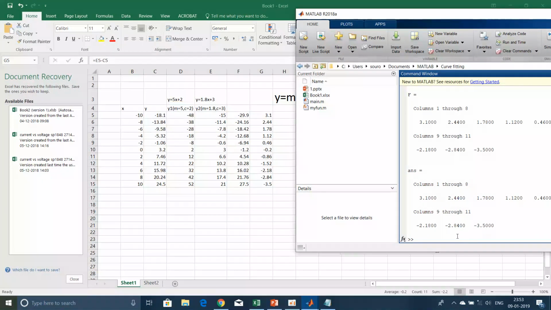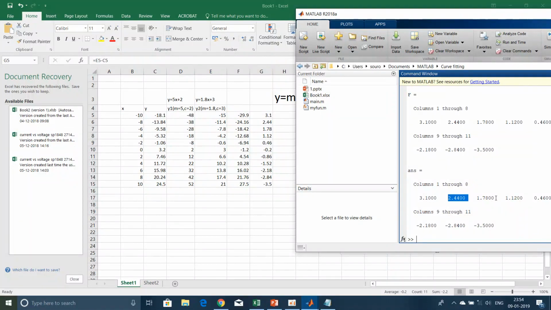So myFun is basically, if you put the value of m and the value of c into myFun, it would calculate the model predicted data, subtract it from the actual experimental data, and tell you the result. So it's telling you the result 3.1, 2.44, which is basically what we got from Excel.